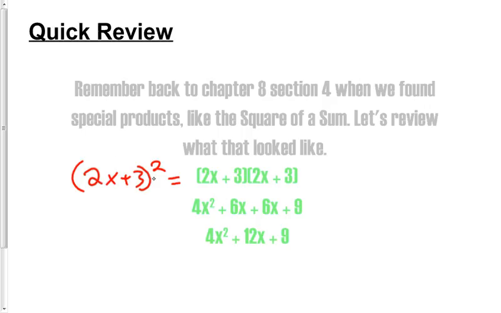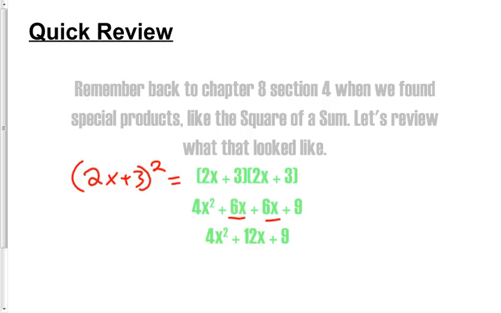It's not squaring the 2x and squaring the 3, because that would leave out the outside and the inside for FOIL. It's 2x plus 3 times 2x plus 3, which we find out is 4x squared for the first terms, 9 at the end for the last terms, and then the middle is the first times the second, times 2, because they'll both be 6x in the middle terms. We're going to kind of go backwards from that.